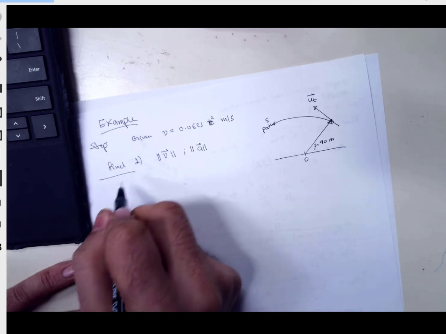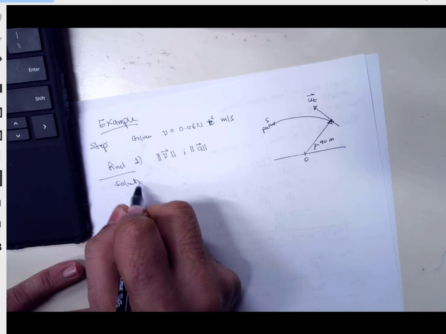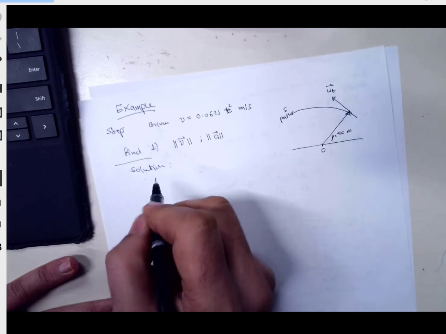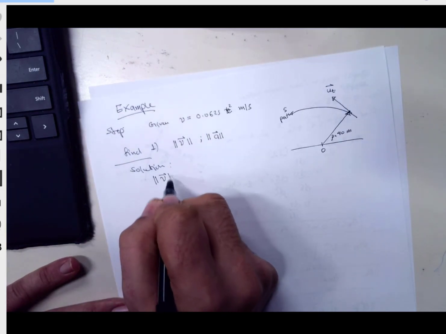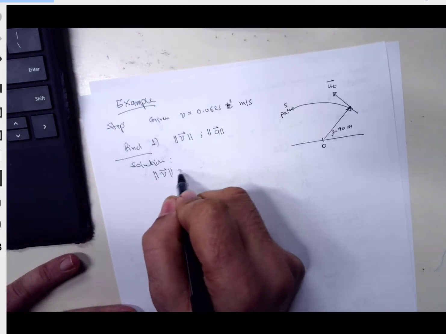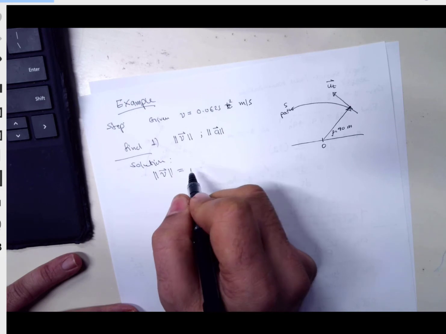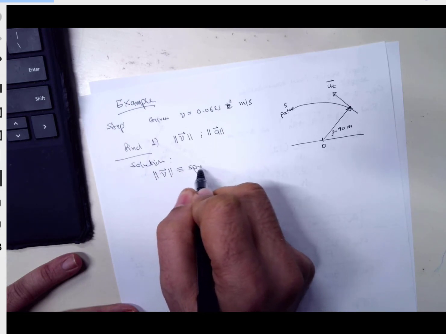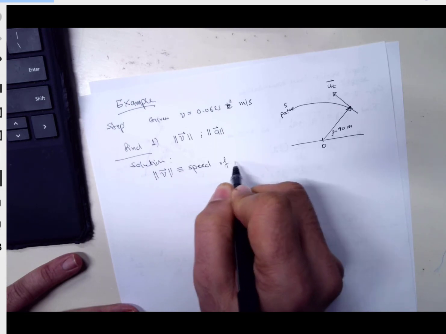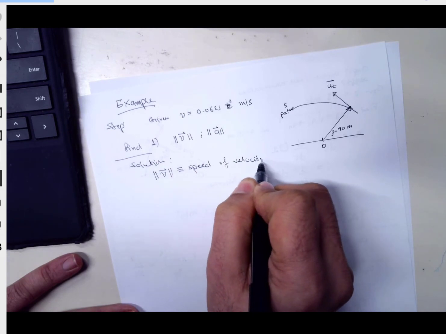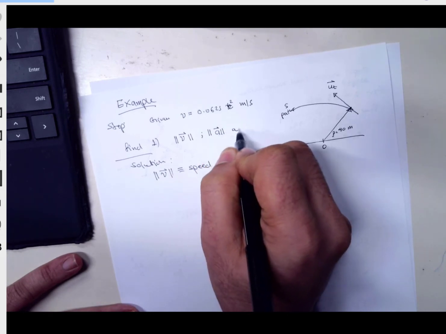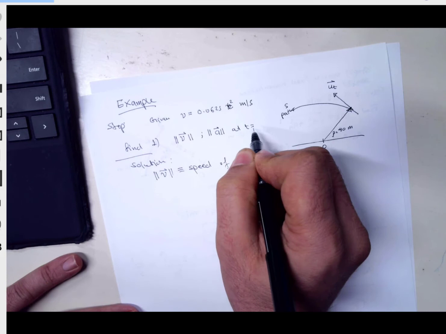Okay, let's start with the first one. I need to find the magnitude of the velocity, which we know is the speed. I failed here to say at time equal to 10 seconds.